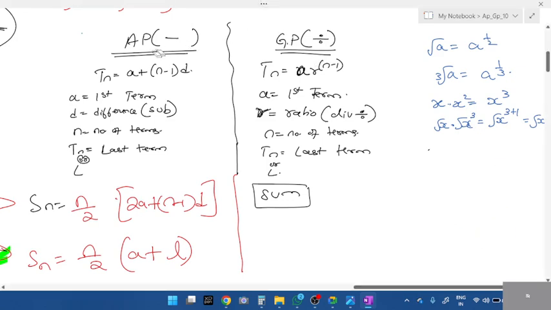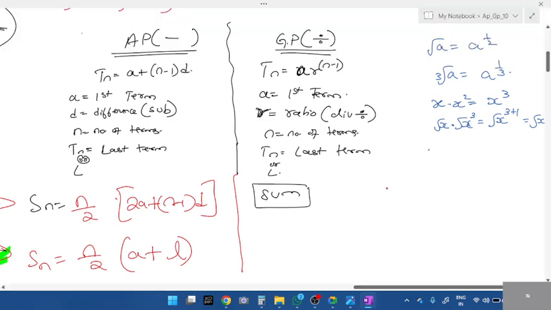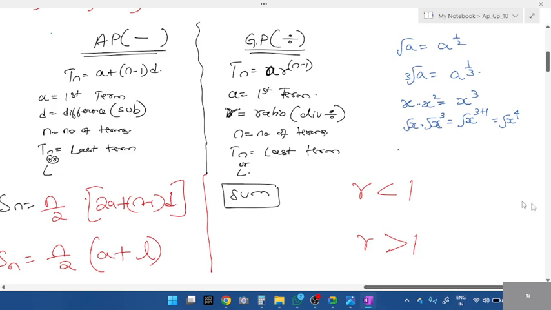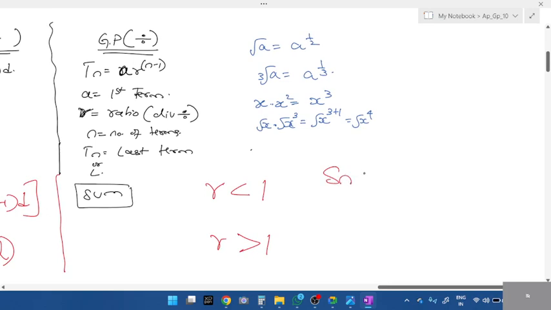Look, you have two formulas to find sum. First formula, when R is less than 1. Second formula, when R is greater than 1. Once you find the ratio, when R is less than 1, the formula is S of n is equals to A into 1 minus R^n divided by 1 minus R. Next, when R is greater than 1, everything is same.